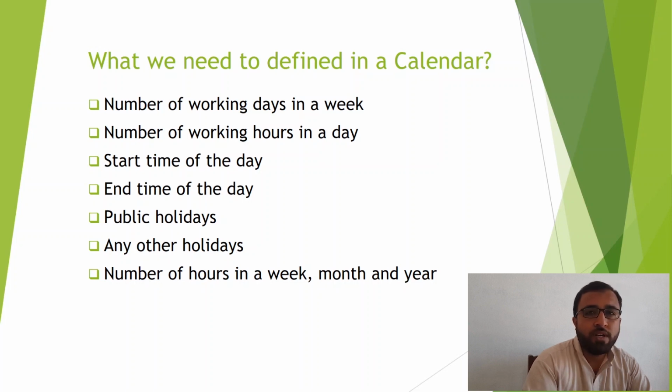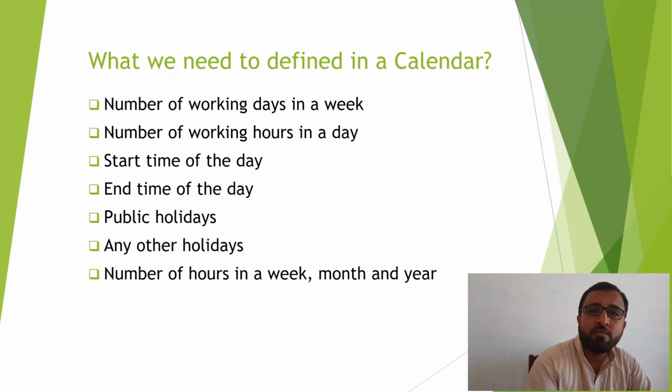We have to define each time aspect that we are going to use. Then Primavera will distribute our number of days based on the number of hours that we defined in the calendar.